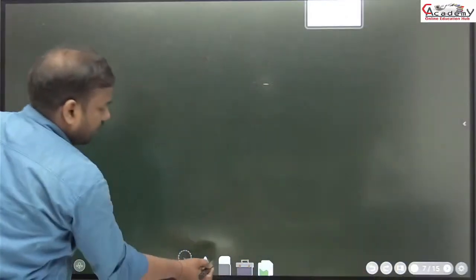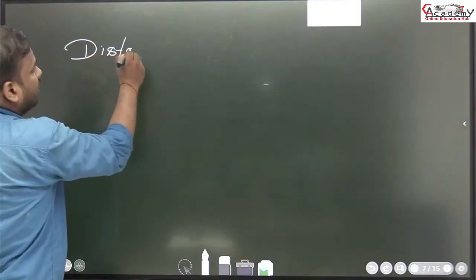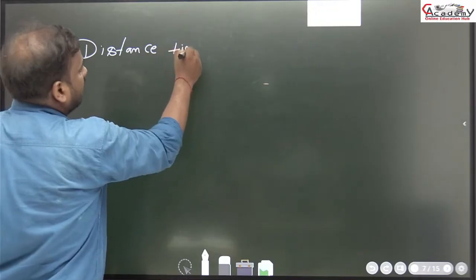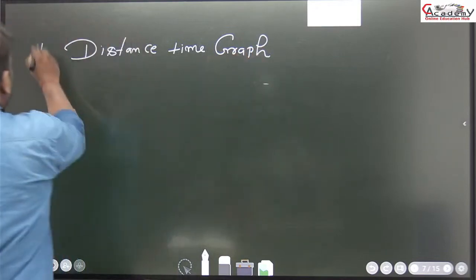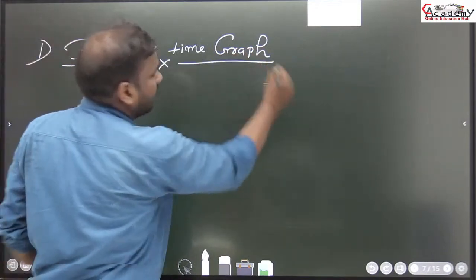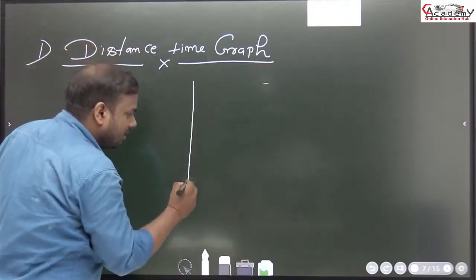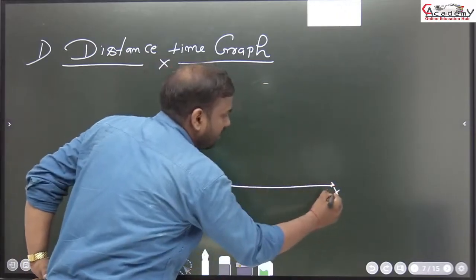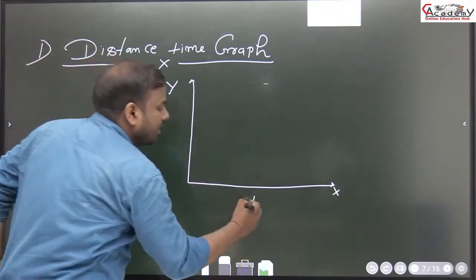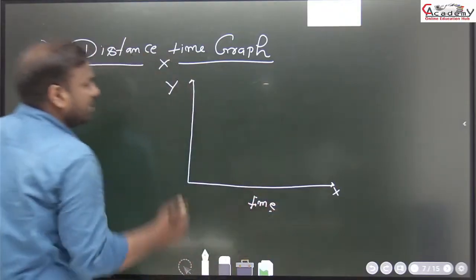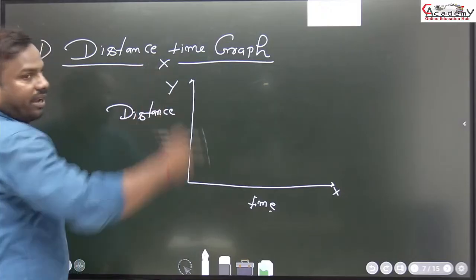Firstly we solve the distance time graph. How we draw the distance time graph? We draw the axes, that is the x-axis, that is the y-axis. We take time on the x-axis and distance on the y-axis.